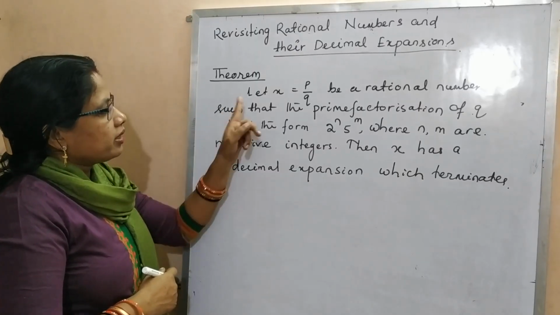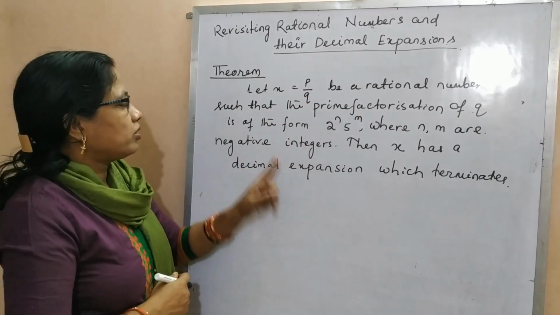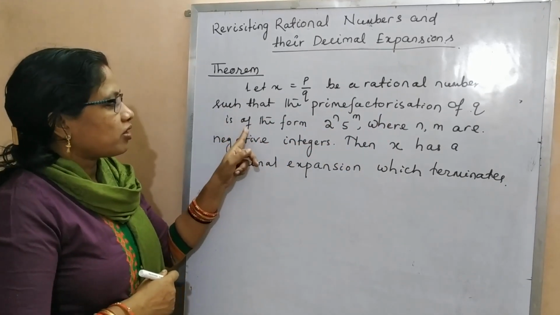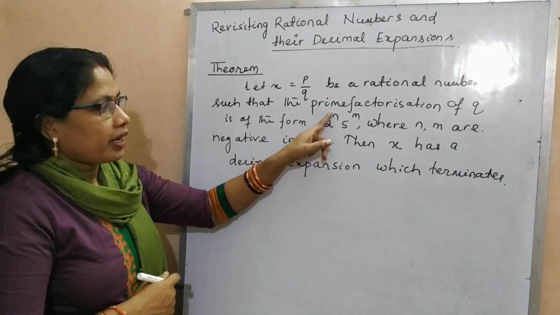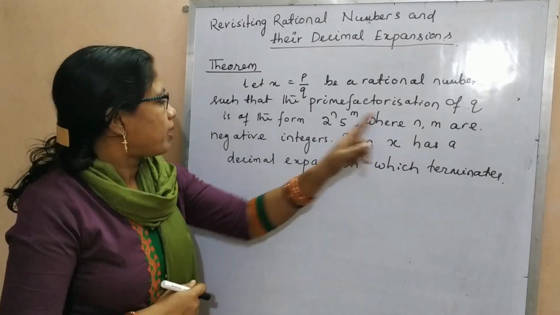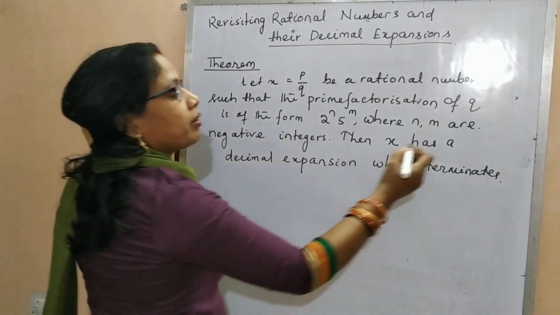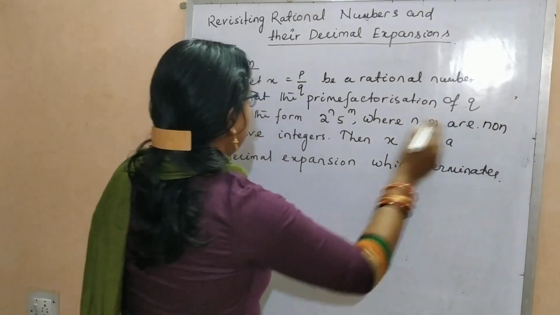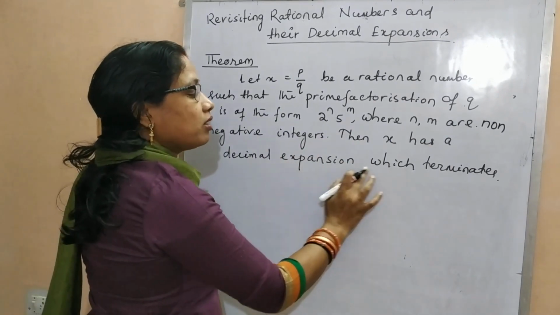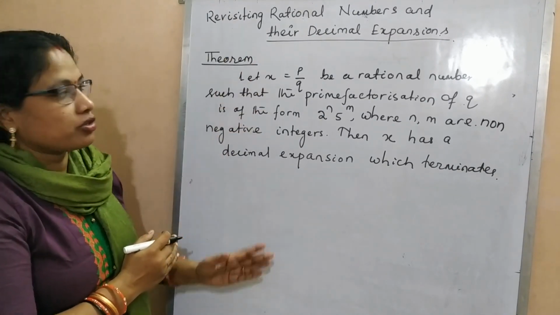Another theorem: let x is equal to p by q be a rational number such that the prime factorization of q is of the form 2 to the power n multiplied with 5 to the power m, where n, m are non-negative integers. Then x has a decimal expansion which terminates. So this is the reverse statement of our previous theorem.